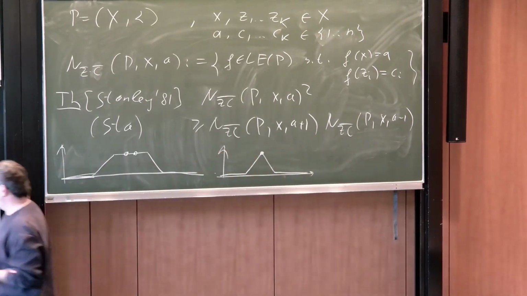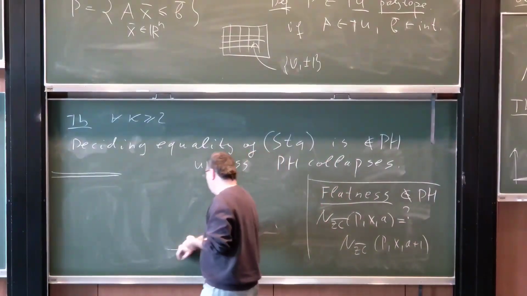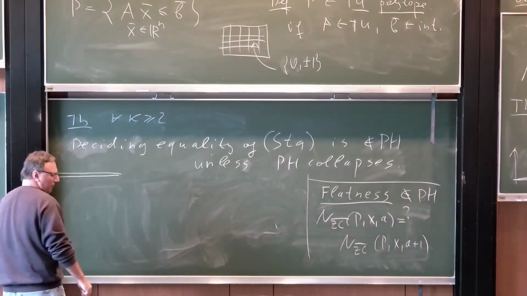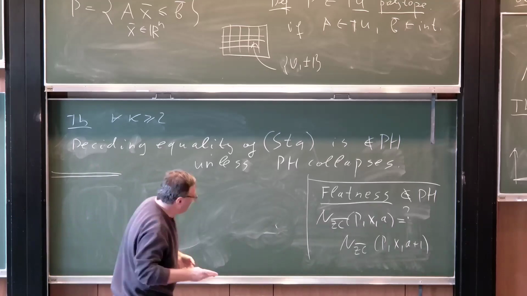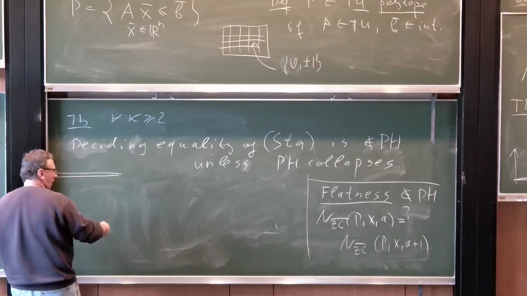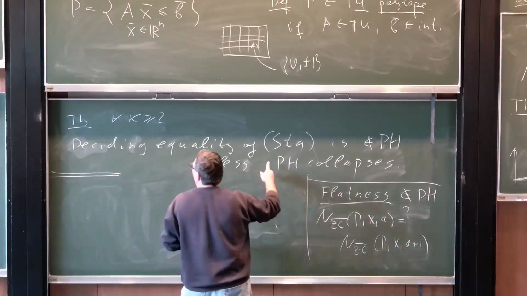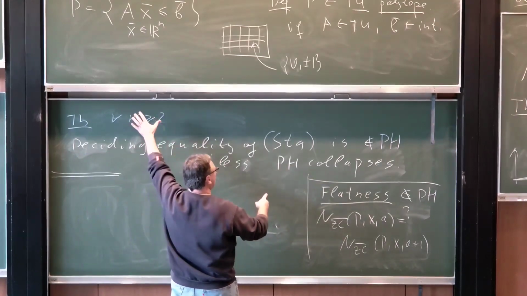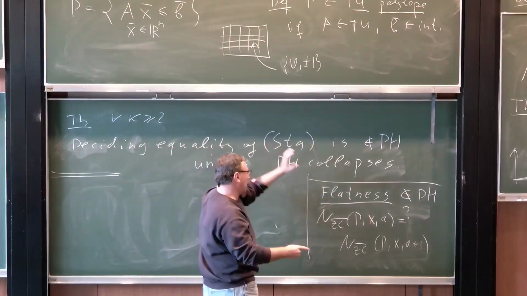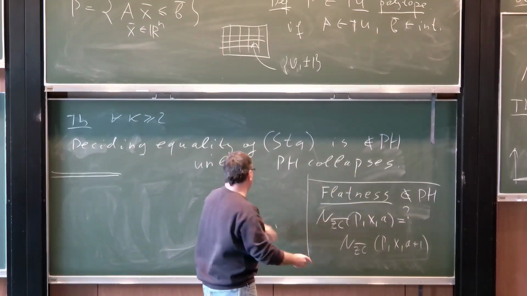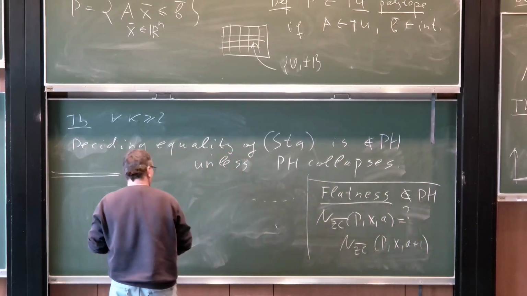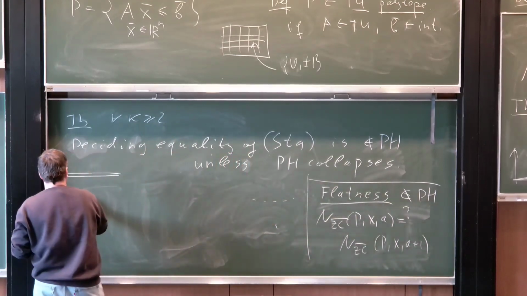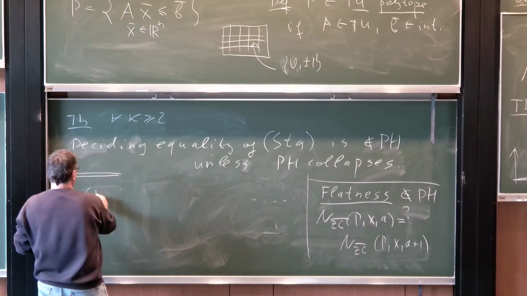So let me write a sort of final reduction. In general you go from Alexandrov-Fenchel to Stanley, from Stanley to flatness, and then there's a long story. But at the end of the day, you're asking the following question.